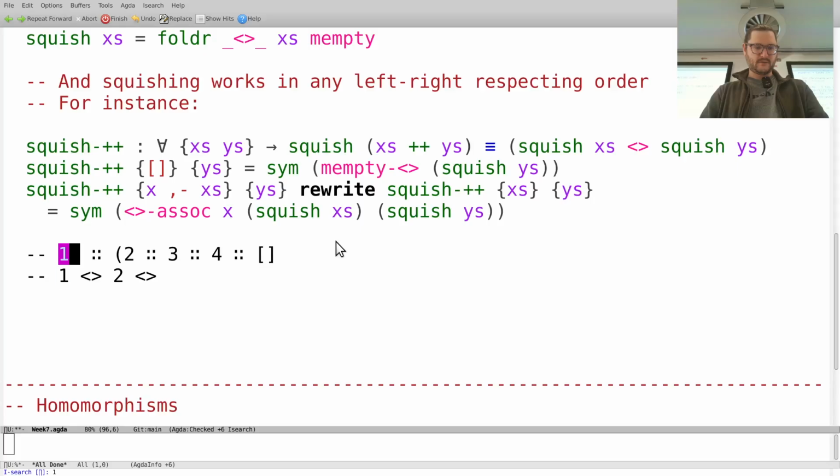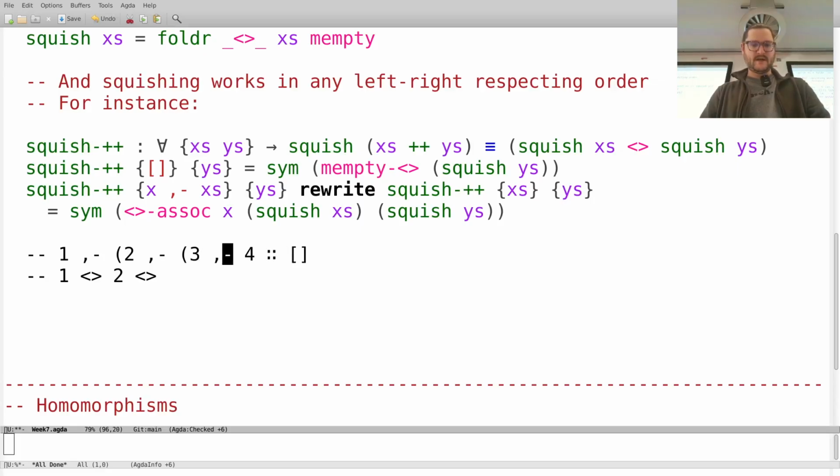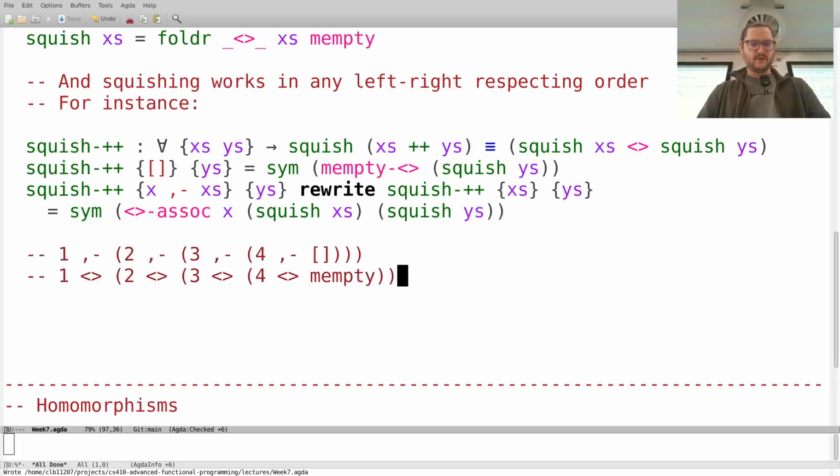Here it's better to use this, so they have the same size. So looking at the lists, they are morally parenthesized to the right. And this thing is just replacing all of the conses with the combination operation, and then mempty. Mempty is a terrible name because it's very long, but you get the idea.